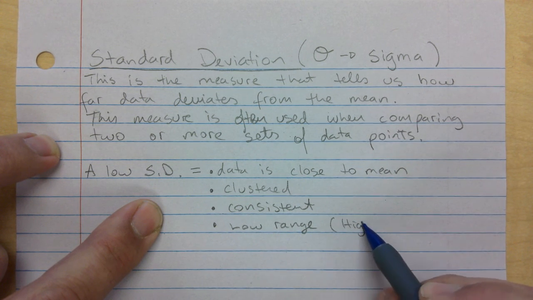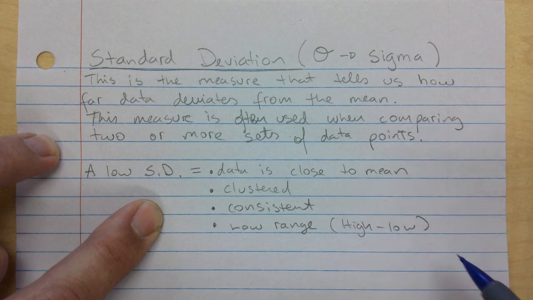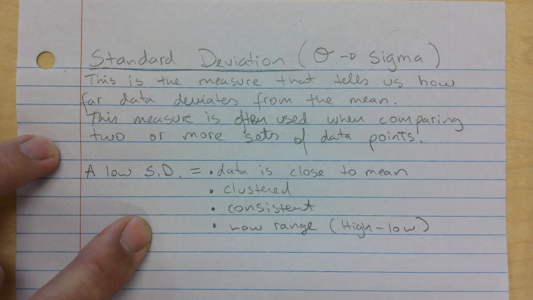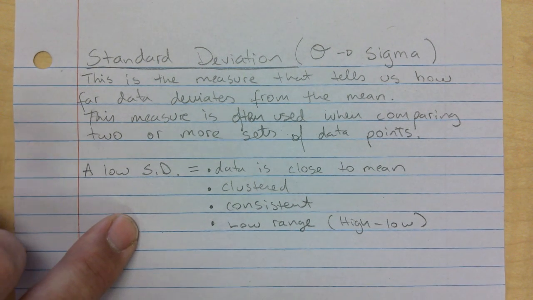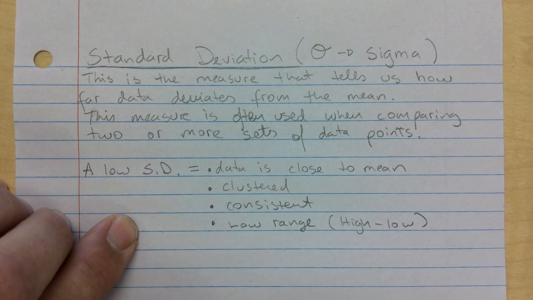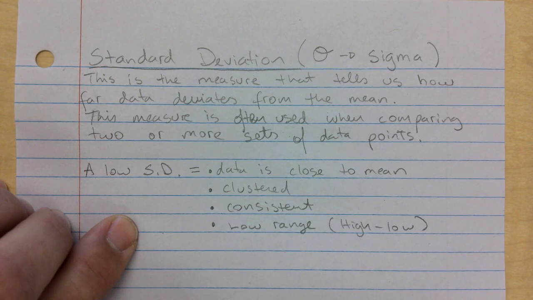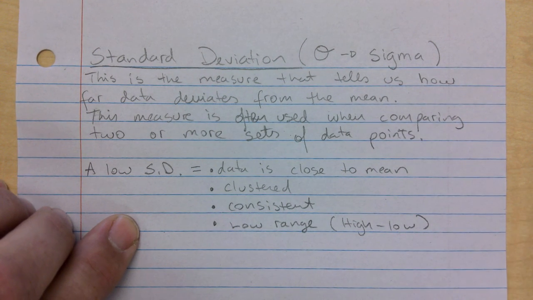If you went high minus low, it would be a smaller number compared to the other one. On its own, it doesn't make much sense. But when you do this with all of the data points and the data sets, it does help you with comparing.